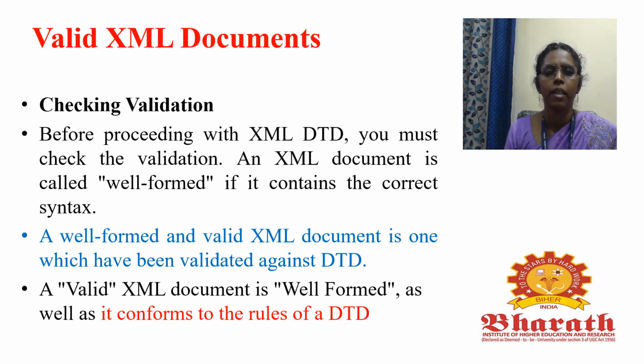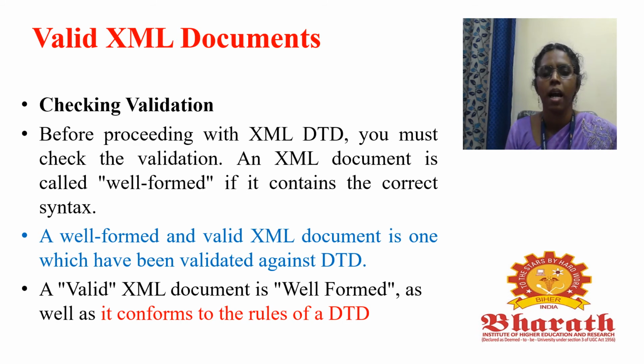And after that we are checking with schema as well as the DTD. If an XML document satisfies this schema as well as the document type definition, that XML document is a well-formed and valid XML document. So a well-formed and valid XML document is one which have been validated against document type definition.